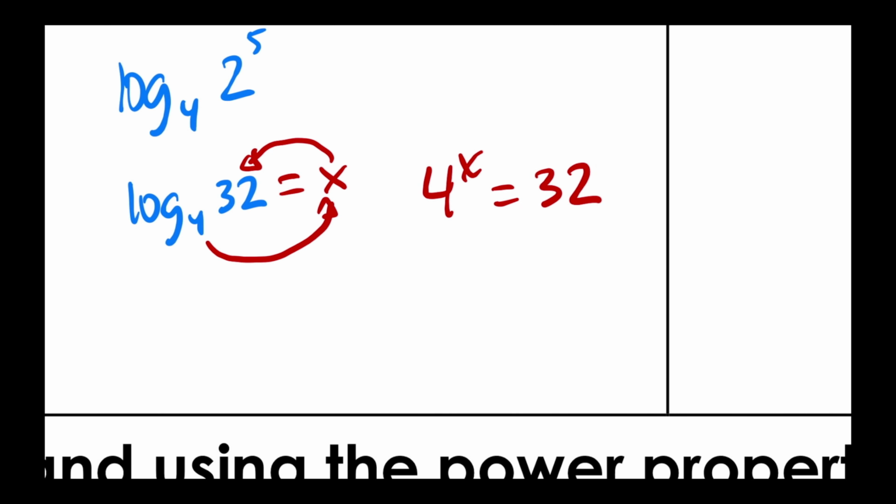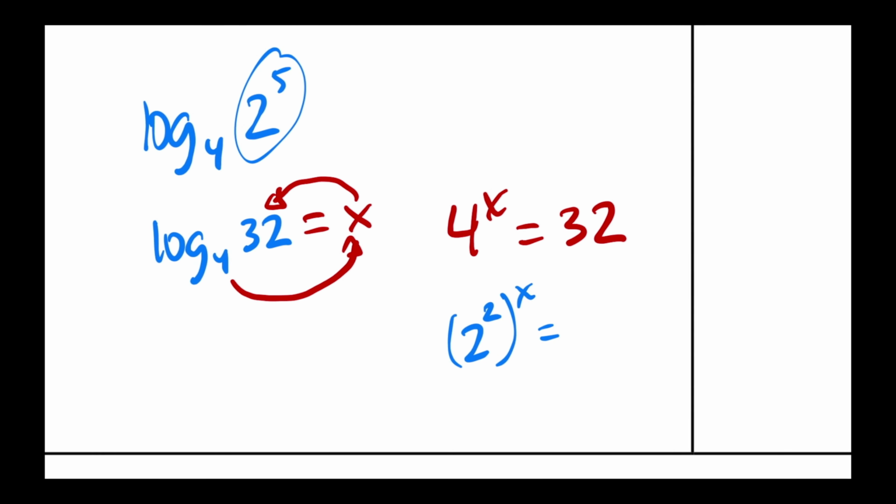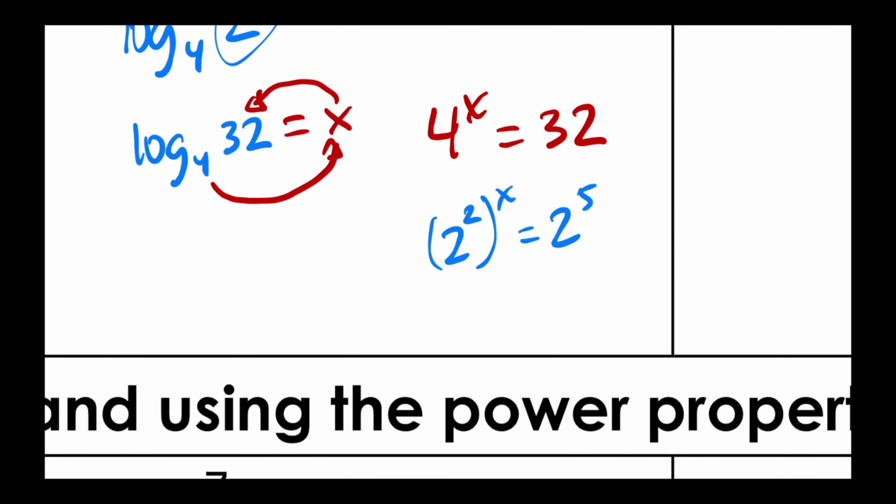So can I change 4 and 32 to a base that's something different than 4 and 32, but the same on each side? Let me show you what I mean. Isn't 4 the same thing as 2 squared? And then that's to the x. So I changed 4 to 2 squared. And we just saw that 32, isn't 32 the same thing as 2 to the 5th? Yeah, that's 2 to the 5th. And so if I simplify this, this is 2 to the 2x equals 2 to the 5th.